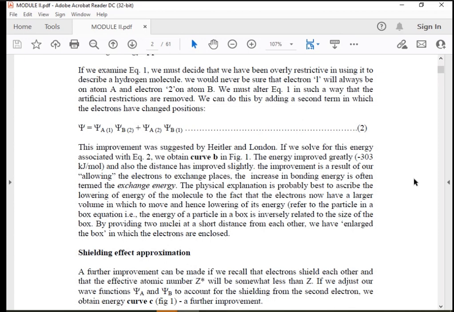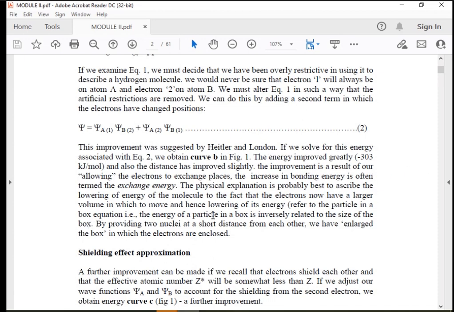And here one more thing, you see it is written that the physical explanation is probably best to ascribe the lowering of energy of molecules to the fact that the electrons now have a larger volume in which to move, and hence lowering its energy. Another thing is the particle in a box. Here the energy is inversely related to the size of the box.